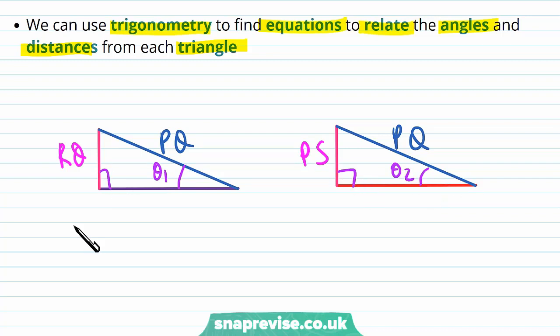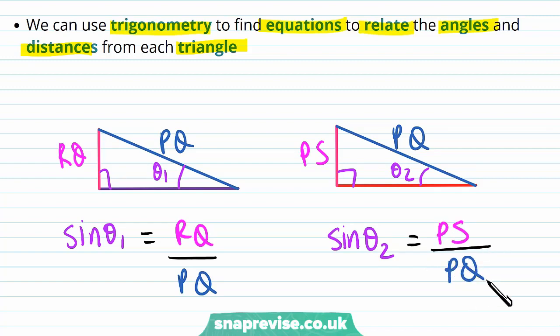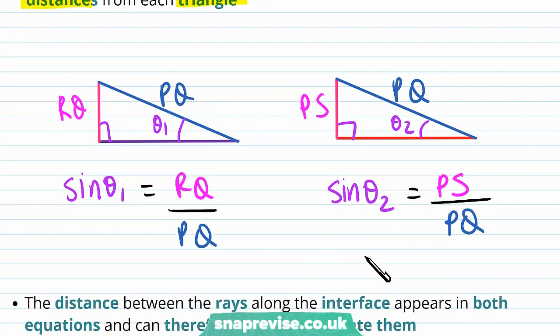So we can write that sine theta 1 is going to be equal to RQ divided by PQ, and sine theta 2 is going to be equal to PS divided by PQ. Sine theta is opposite divided by hypotenuse, so that's what we've done here.